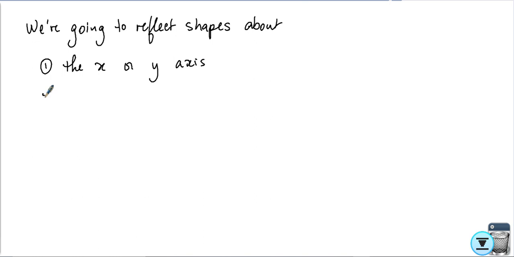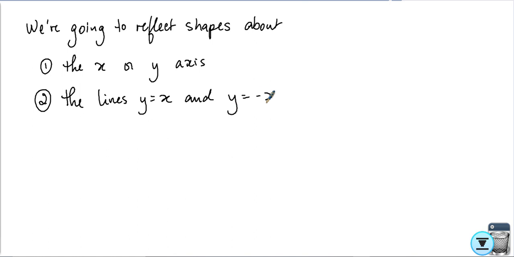Number two, we're going to reflect shapes about the lines y equals x and y equals minus x. That's slightly more difficult. And number three, we're going to be reflecting shapes about any horizontal or vertical line.